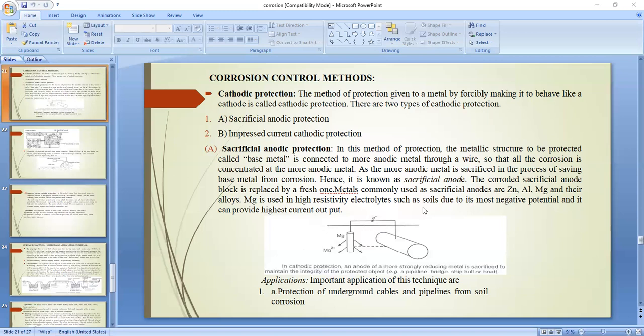So in sacrificial anodic protection, the base metal which is affected by corrosion is protected from corrosion by connecting the base metal to a more active metal. Through an insulated wire, we connect the base metal to a more active metal, in the sense zinc, magnesium, aluminum.